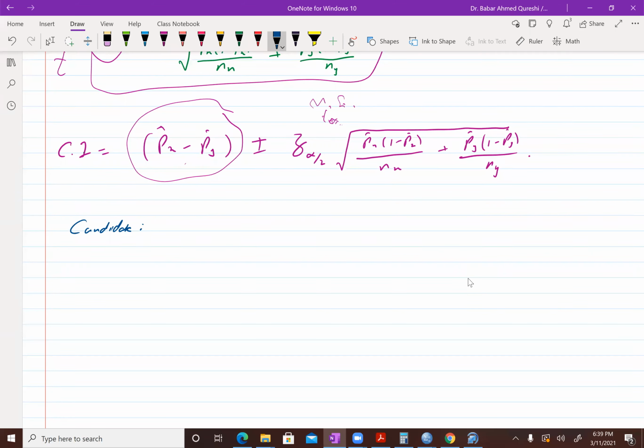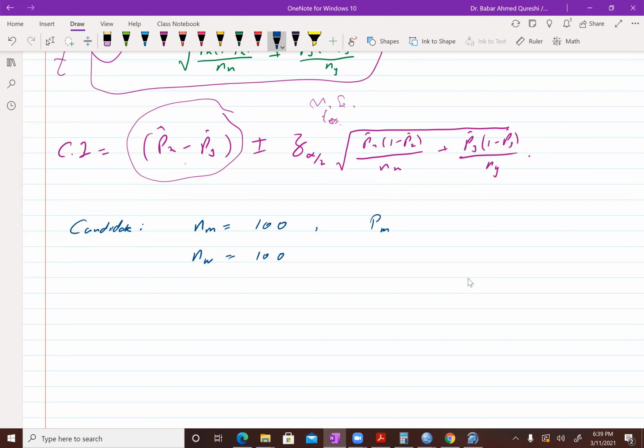So they do a sampling of whether the person supports them or not. So it's a yes or no answer. So they pick 100 men randomly and 100 women randomly. They have no relation with each other.